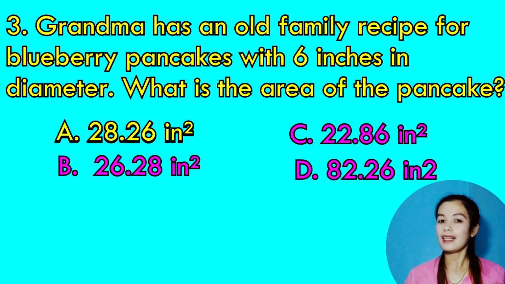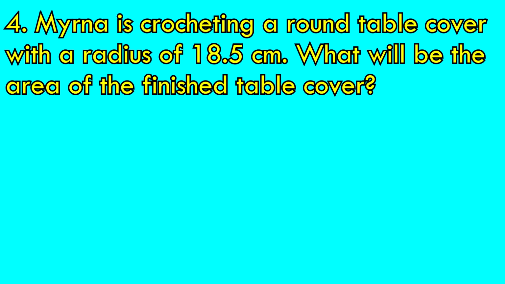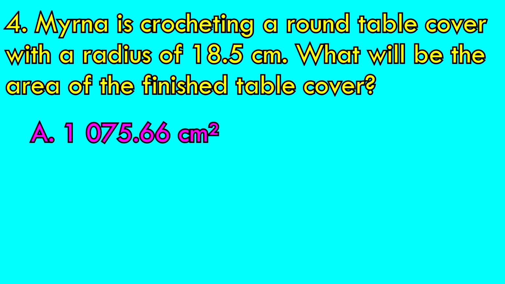Answer is letter A. Question number 4. Myrna is crocheting a round table cover with a radius of 18 and 5/10 centimeters. What will be the area of the finished table cover? Letter A, 1,075 and 6,600 centimeters squared.